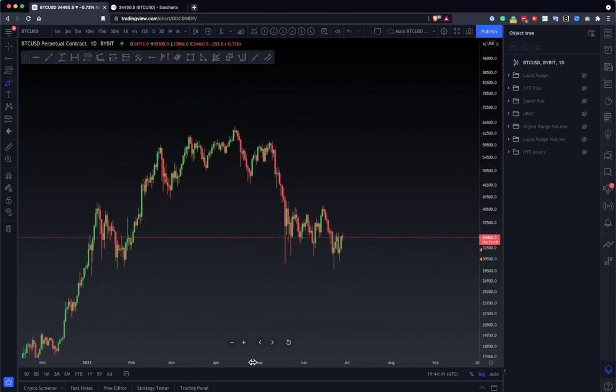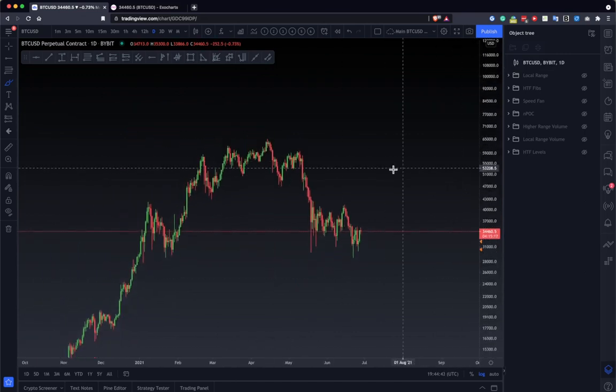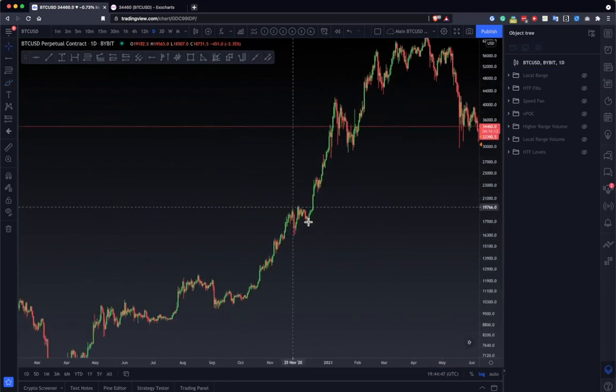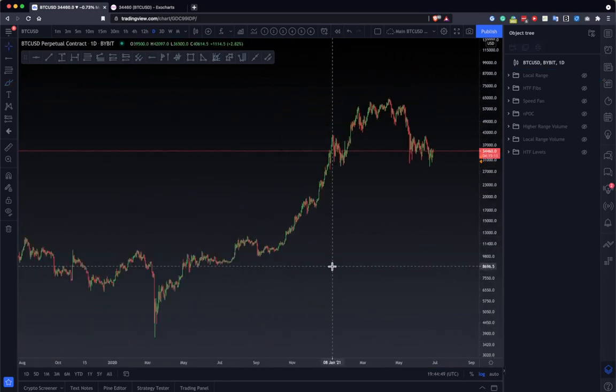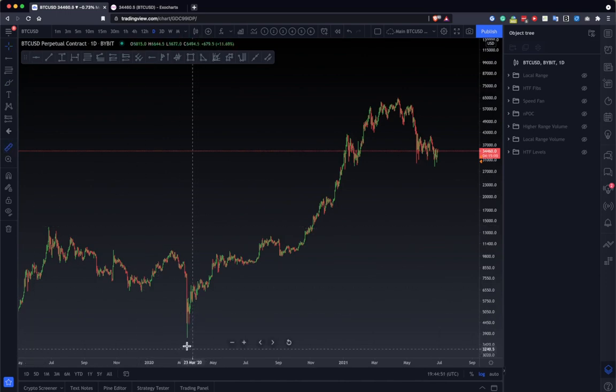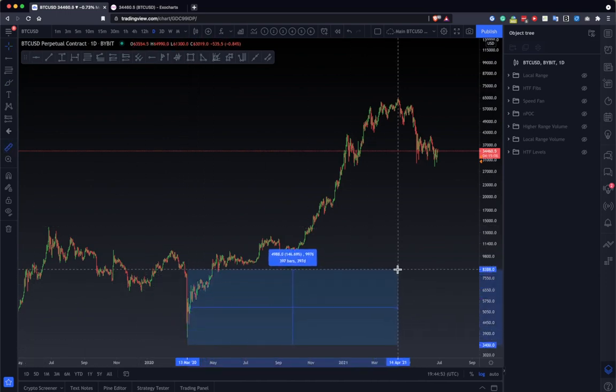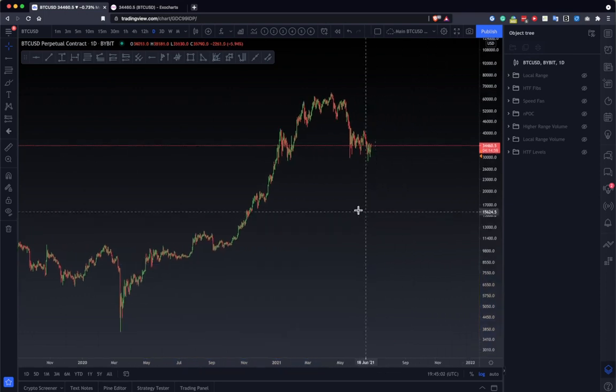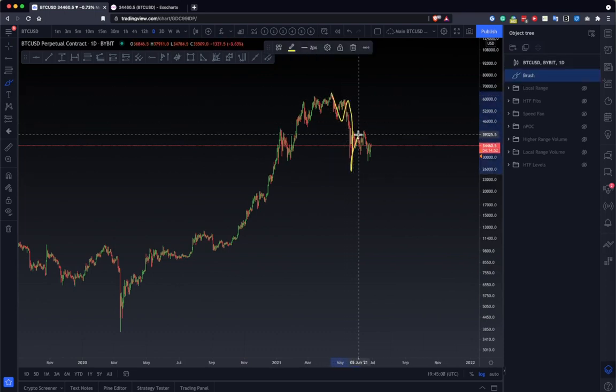It's the opposite of here, where we were building the higher highs for almost more than a year, almost 400 days, and it just went up and up. And here we are in a downside, so it's just building these lower lows.